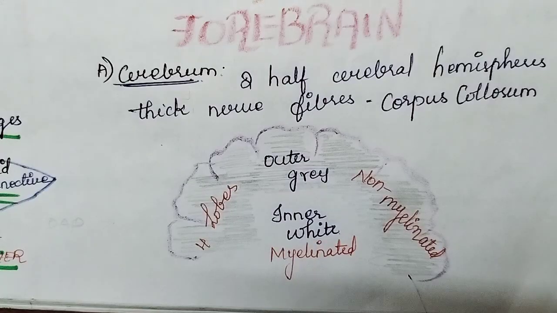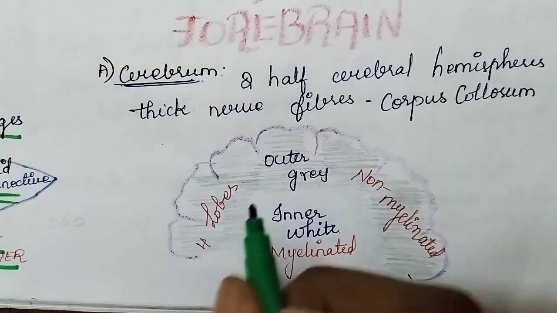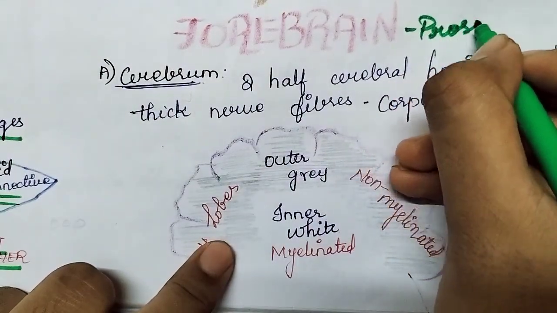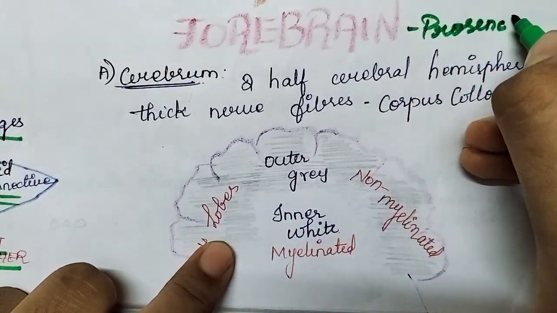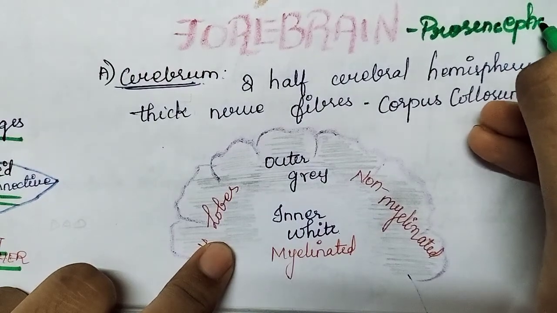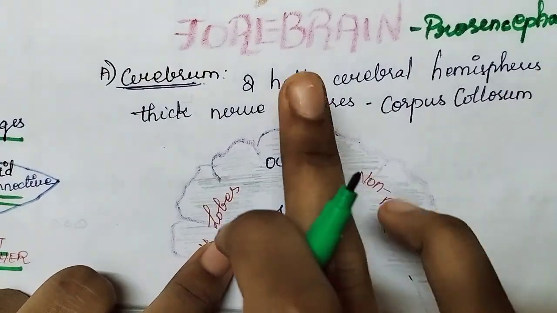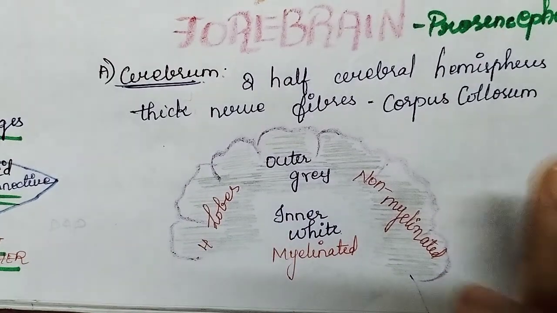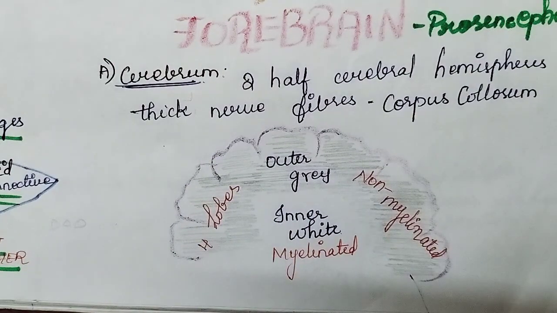Okay, so the forebrain. The forebrain is also known as prosencephalon. I told you, no? The prosencephalon is again of two types. What is that?